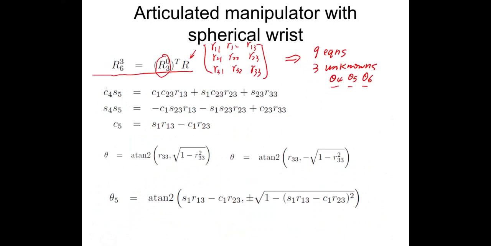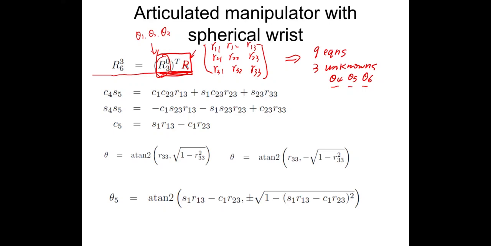Okay, so then we use these 3 elements, and these 3 elements equal these 3 elements in this multiplication result. This multiplication result is a real number matrix, and this is the function of theta 1, theta 2, and theta 3, which we already did.